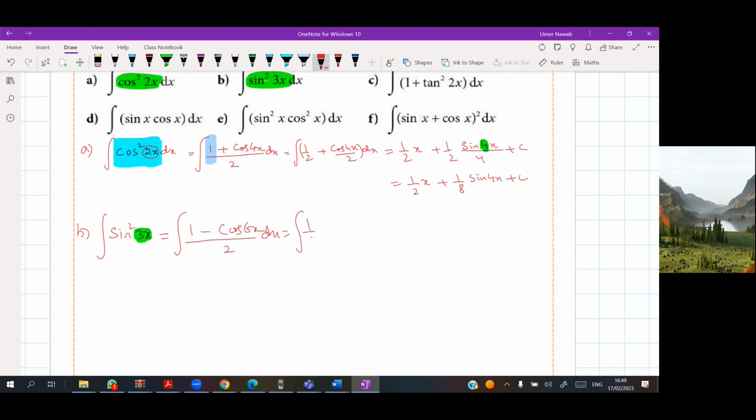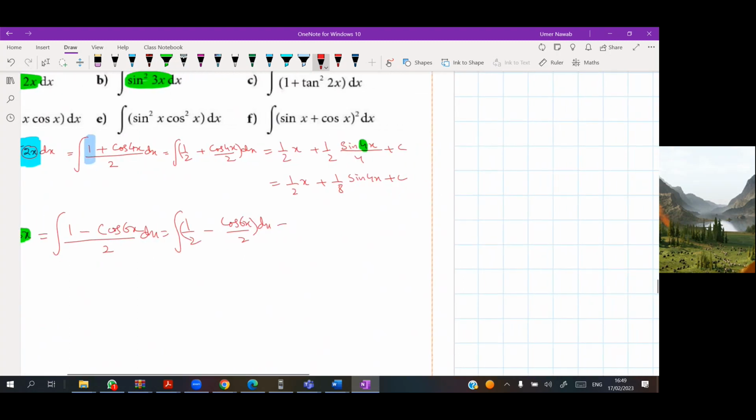I'm going to write 1 over 2 separate and cosine of 6x over 2 separate. Integration of half is half x, and the minus half I will write. Integration of cosine 6x is sine of 6x divided by 6 plus c. So the final answer comes to half x minus 1 over 12 sine of 6x plus c.